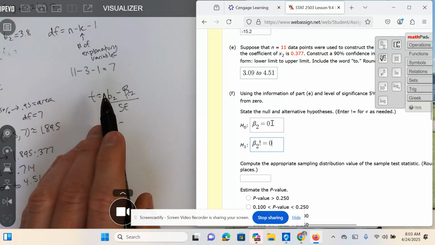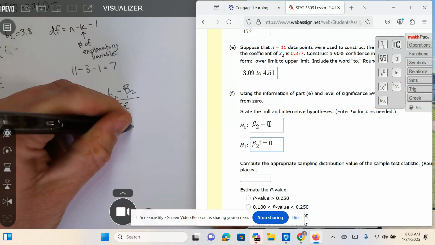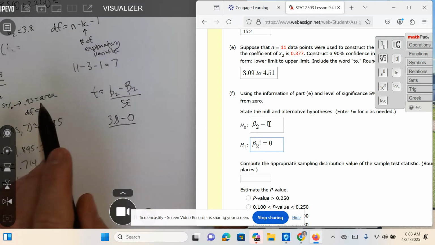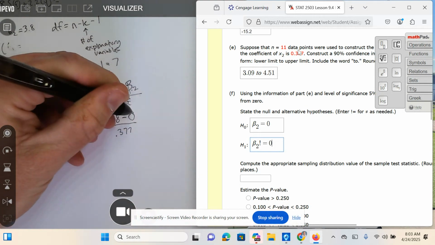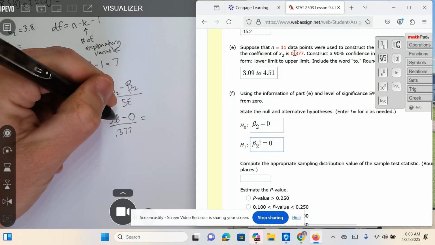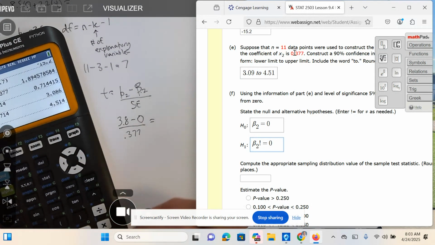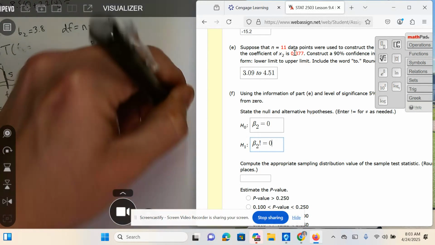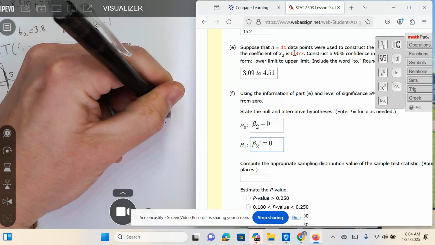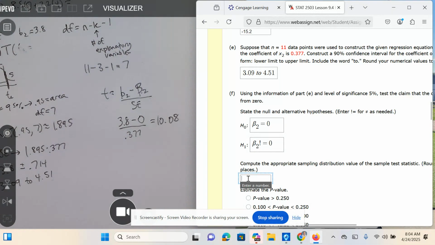The hypothesized slope is 0, so it's just 0. And a lot of times you just leave that off. Divided by the standard error. The standard error was given to us a moment ago, 0.377. So basically it's going to be 3.8 divided by 0.377, which is 10.079. They want how many places here? 2 places. So 10.08. So that's going to be my value there.